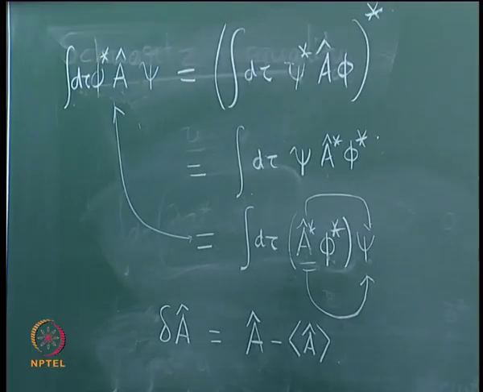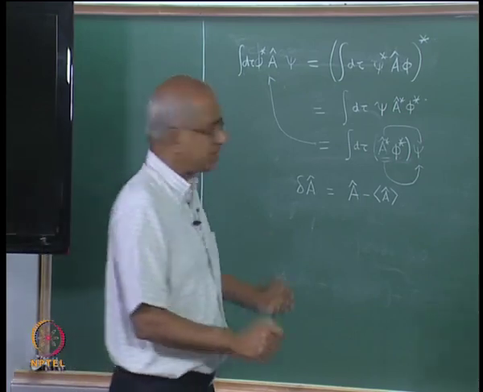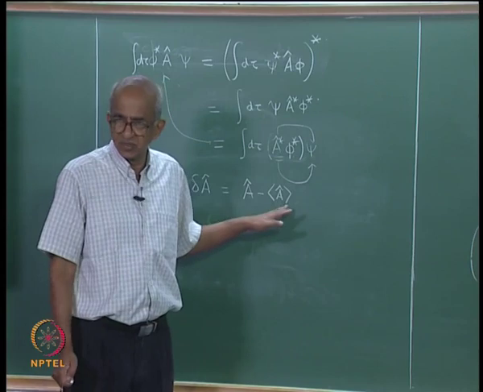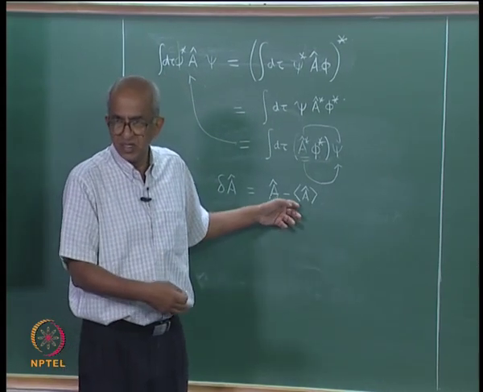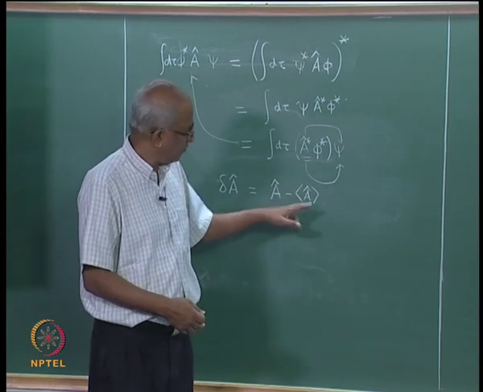You give me any operator, I will first calculate its expectation value and subtract that expectation value. The expectation value will be a number, in fact a real number because this is our experimental answer. So, this object will be a real number.